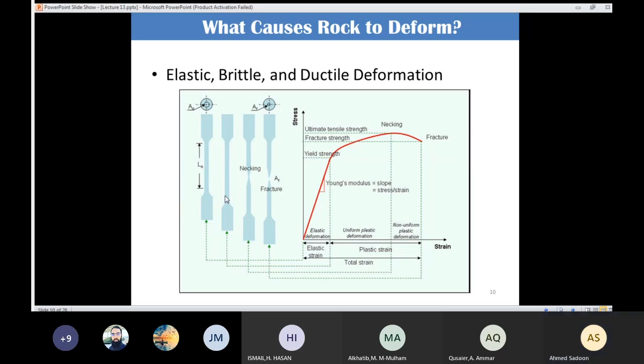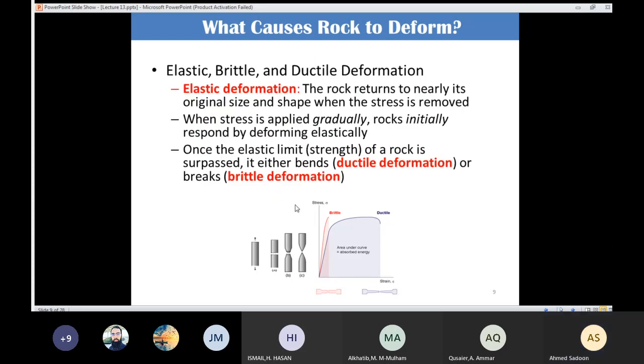Now, we are going to look at the other possibility, which is permanent deformation. And that depends mainly on the behavior. Some materials have brittle behavior, while others have ductile behavior. So look at that picture here.